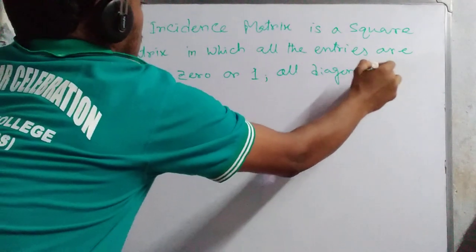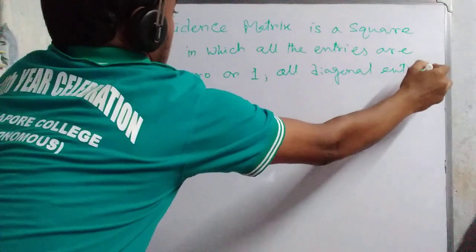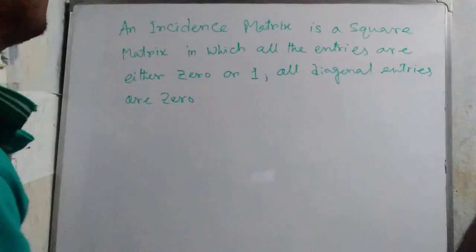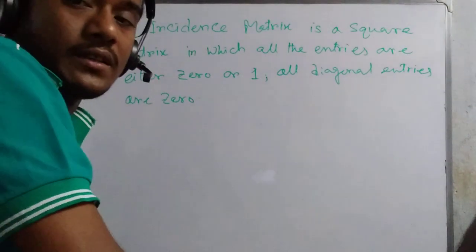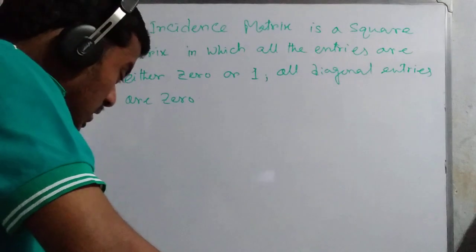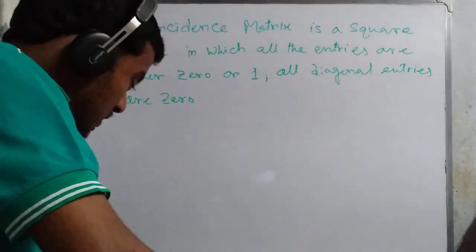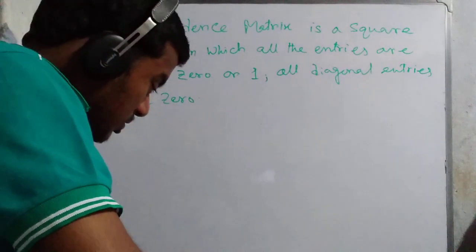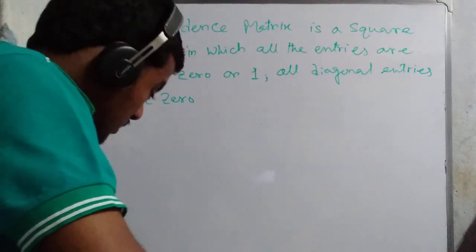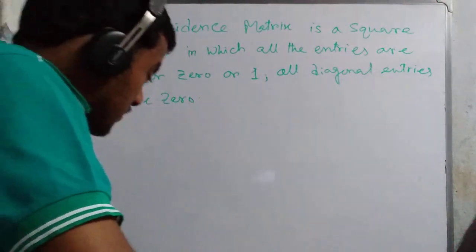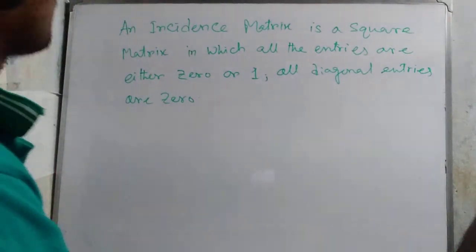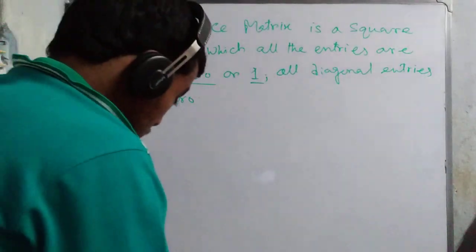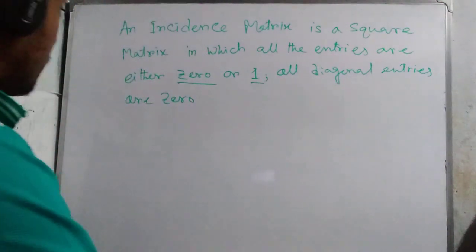Another way, we also discuss matrices where the sum of rows equals 1, which is another type of matrix, but we do not discuss it now. Just the incidence matrix, in which all entries are either 0 or 1 and all diagonal entries are 0. So we give another example here.